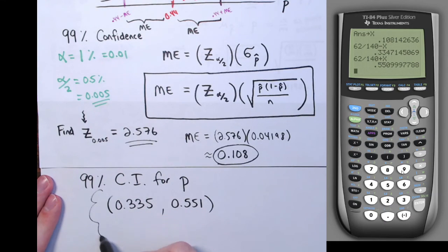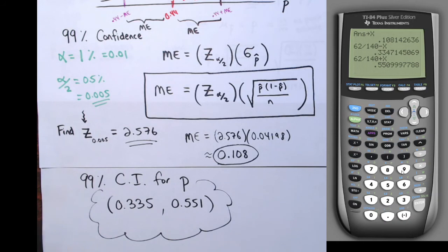So what this means is that, given this sample, given the information we were given about these people that take public transportation, we'd be 99% confident that the percentage of the whole city, the whole population, that takes public transportation is somewhere between 33.5% and 55.1%.